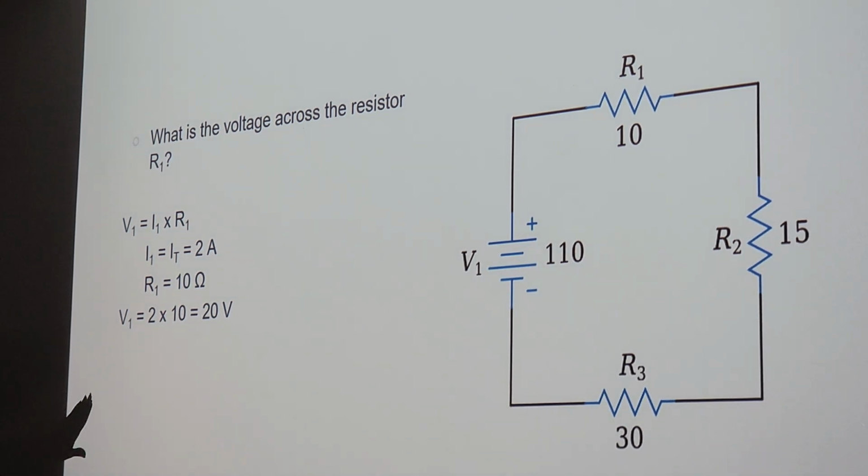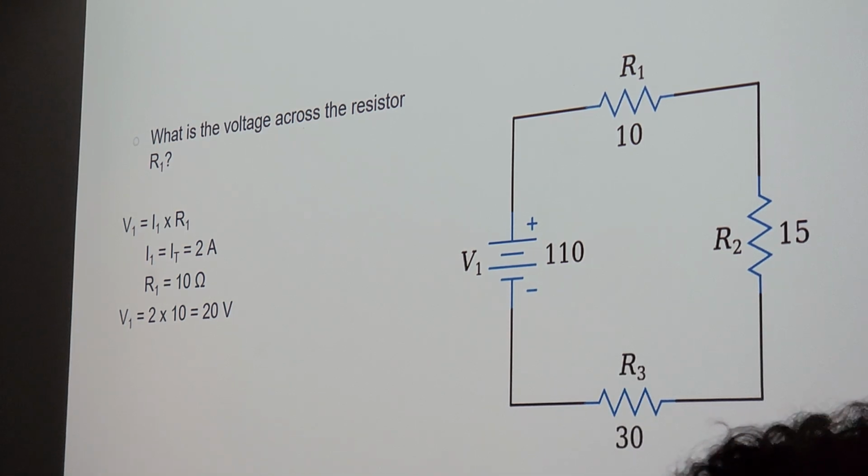So don't worry about the 110 right now, because that's our total voltage. We're trying to find the individual voltage at R1. So how would you find that? Using amp and the resistor. So we would take the 10 ohms from resistor 1, and then we already know our current, right? Which is what? 2.